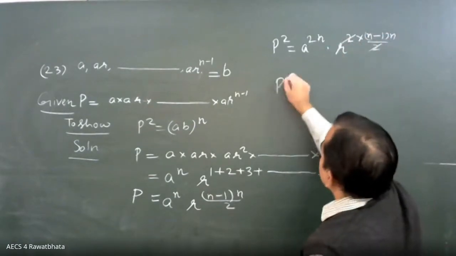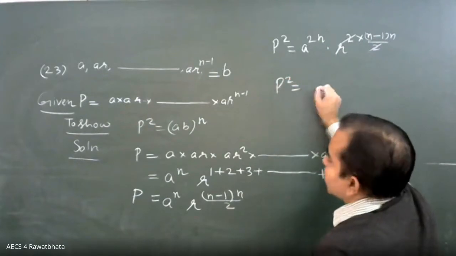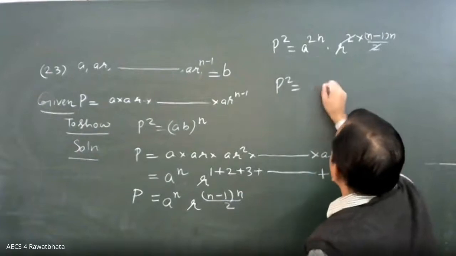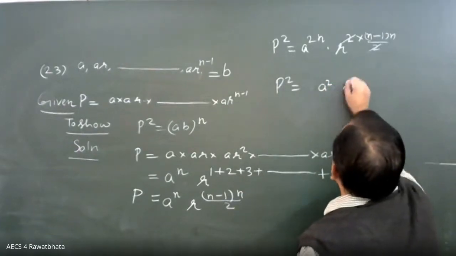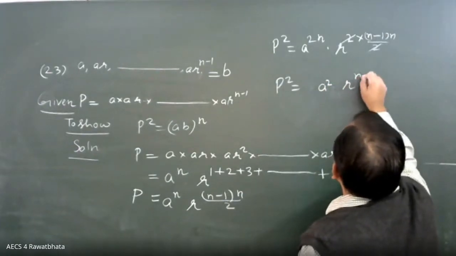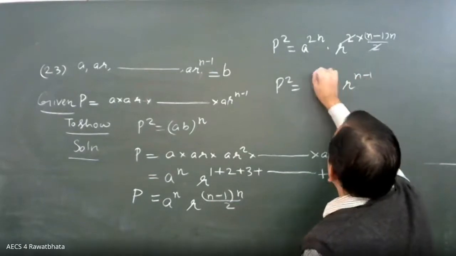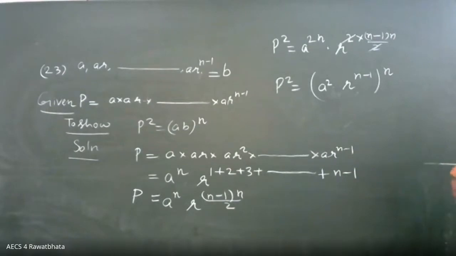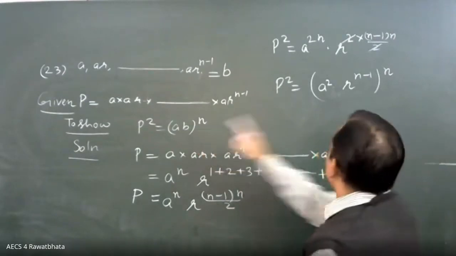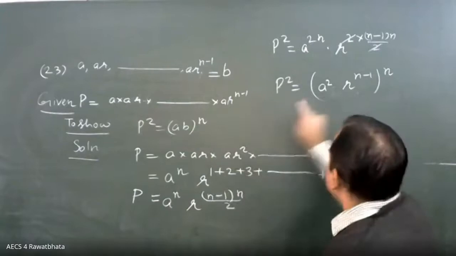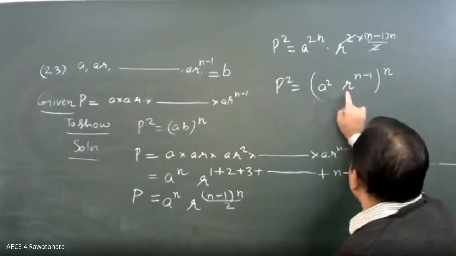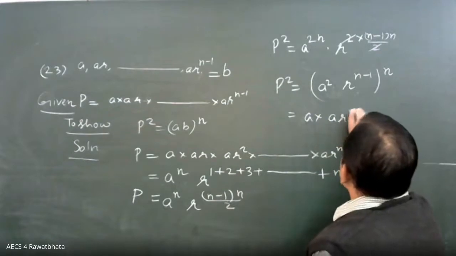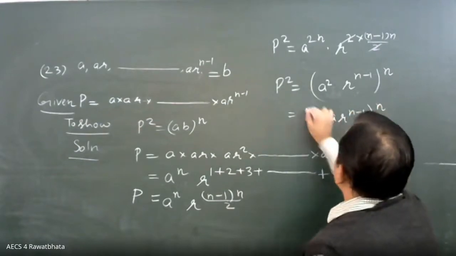Right? And because whole power n मुझे लाना है, तो n मैं बाहर ले लेता हूँ. It will become A square into R to the power n minus 1 and whole to power n. One A I keep separate, and the other A I mix with this R. So this will become A into A R raised to power n minus 1 whole to power n.